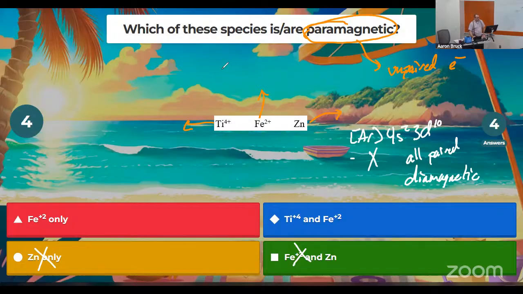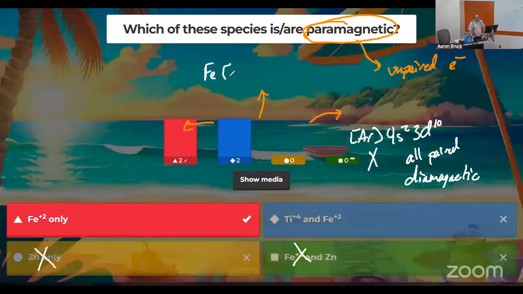For iron 2, our configuration was argon 4s2 3d6.